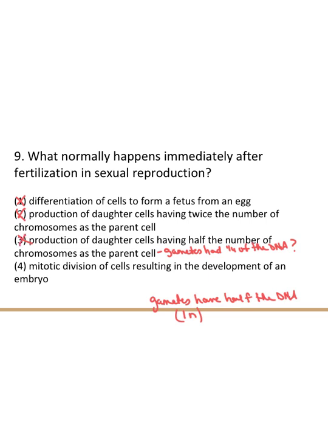So then the correct answer must be 4 because there aren't any choices left unless I messed up all the answers. Mitotic division of cells resulting in the development of an embryo. Why, yes. That one is correct. Mitotic cell division, always straight up copy. It's going to be similar to binary fission that you see in single-celled animals.